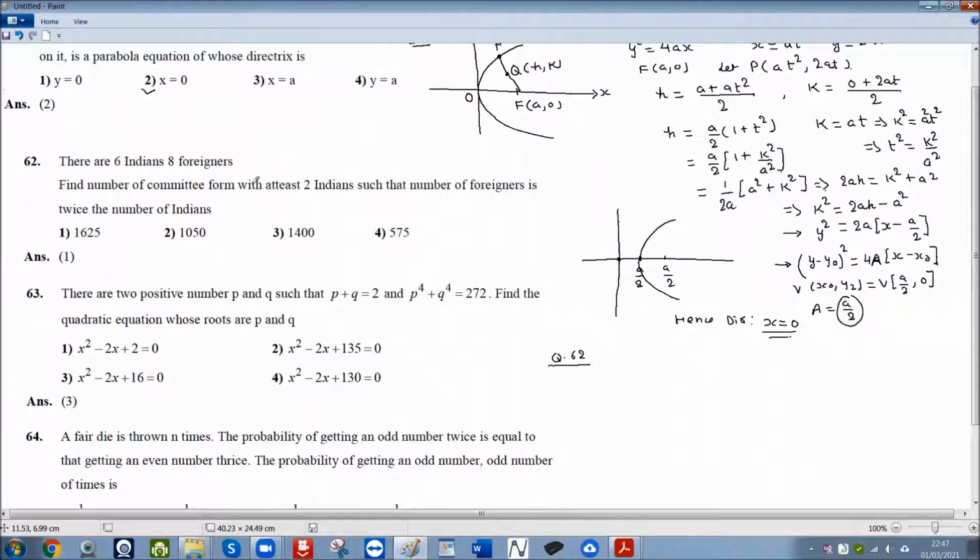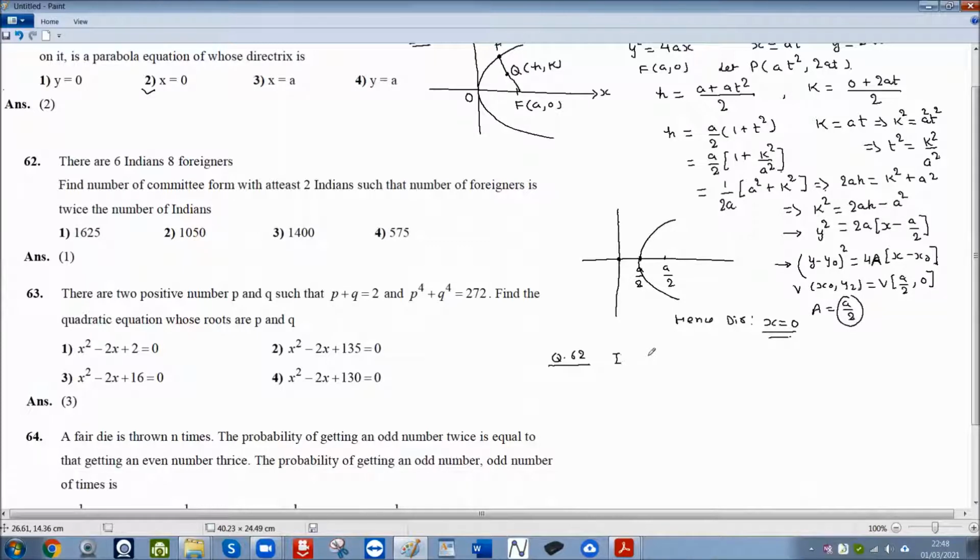So let us make the cases for the number of Indians and foreigners. We have to find the number of committees, and there is no limit to the members in the committee. The only condition is there have to be at least 2 Indians.